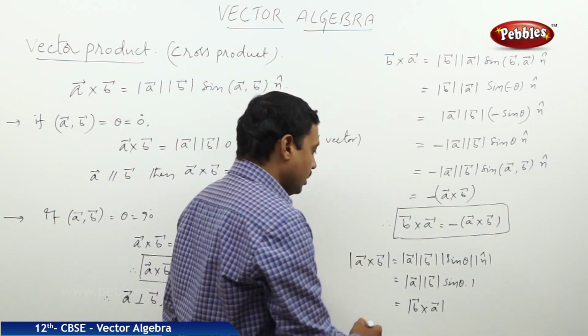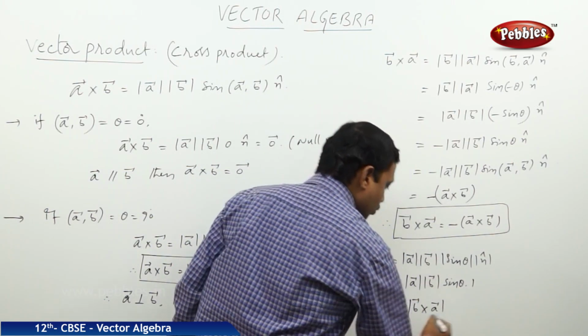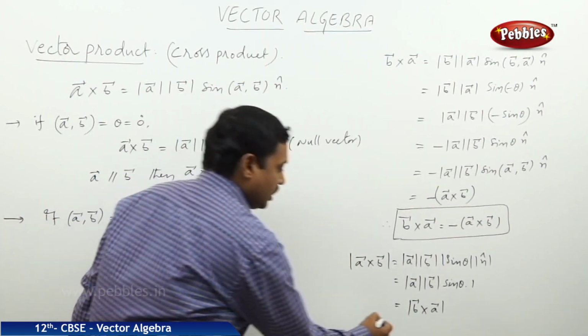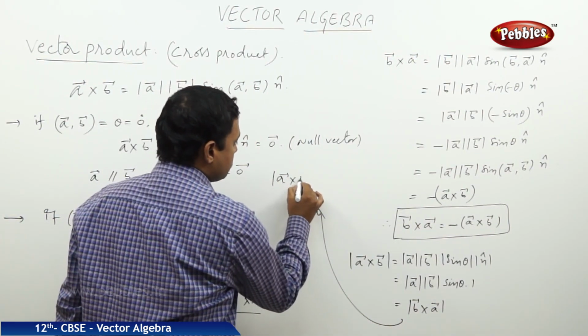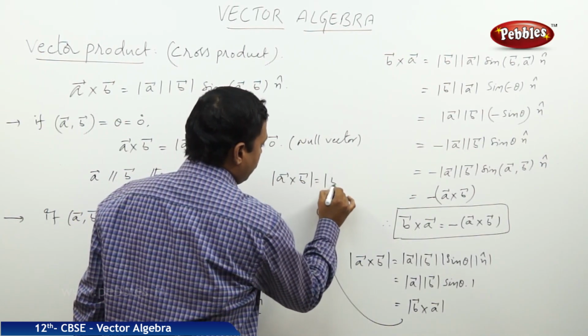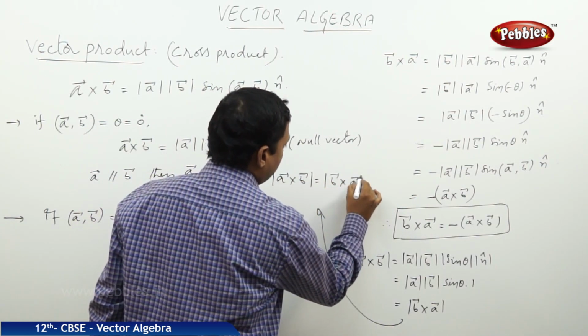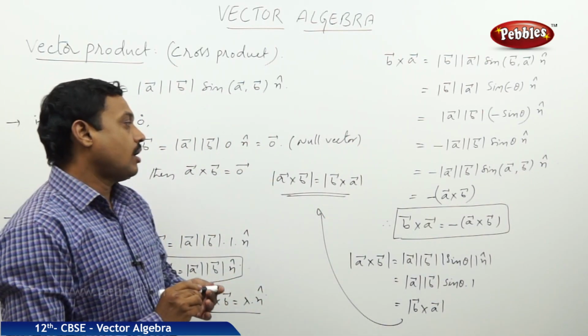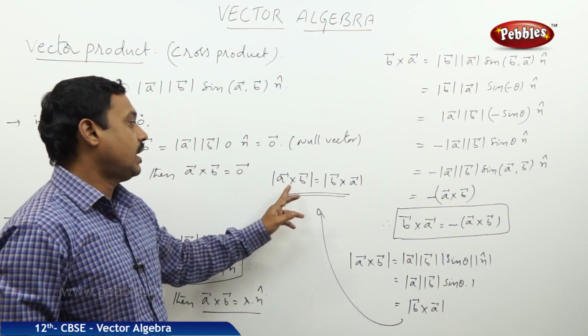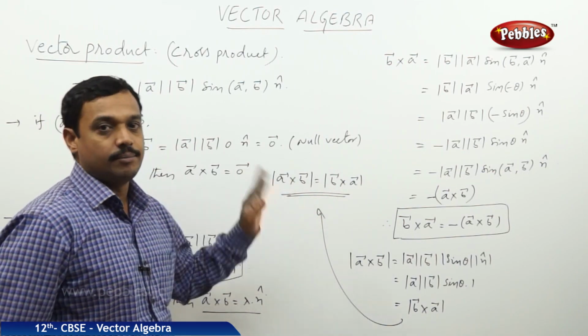So finally, this value is the same as modulus of B cross A. Hence, modulus of A cross B is equal to modulus of B cross A. So even though A cross B and B cross A are in different directions, their moduli are the same.